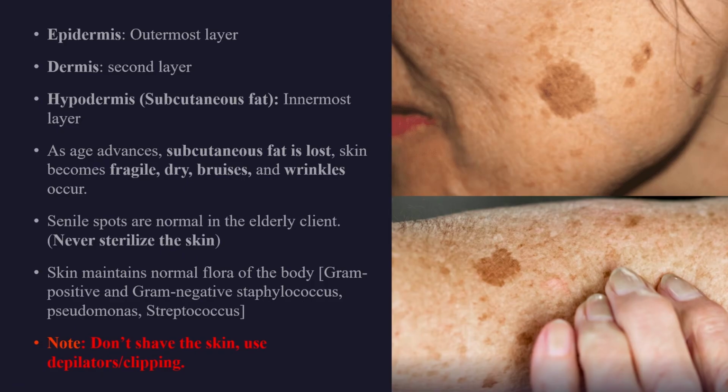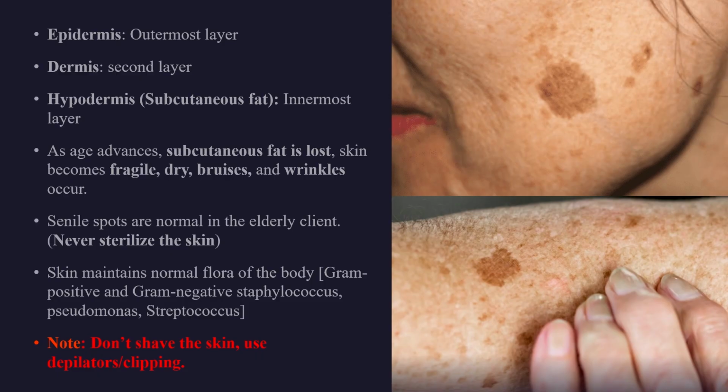There are spots as shown in the picture. As a person grows older, they get brown colored spots on their skin, called senile spots, which are totally normal in elderly clients.